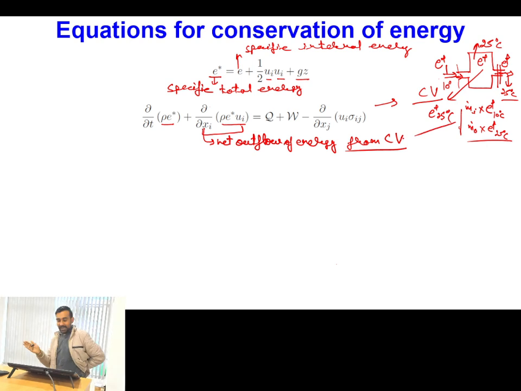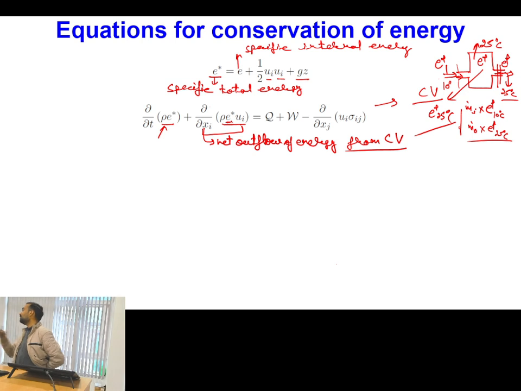So it means that if I am writing here rho ui, and with this I am using E star, what does it mean? What is E star? Here E star is the specific total energy within the control volume, and that specific total energy only I write when I write the energy exchange across the boundary.